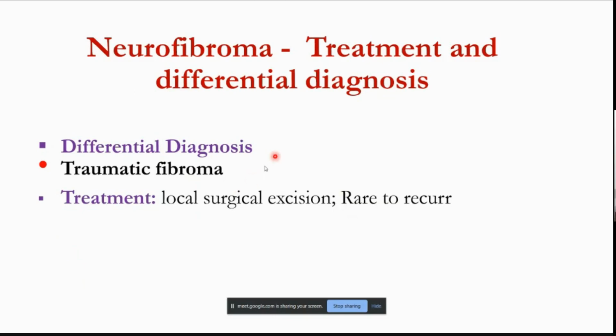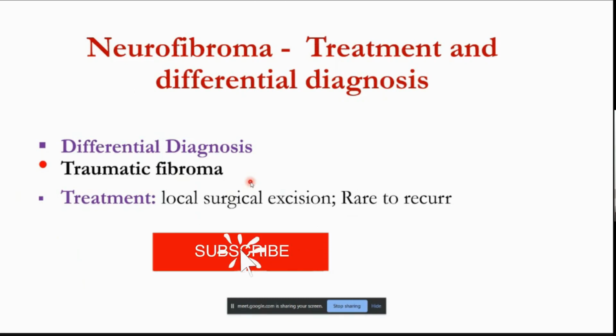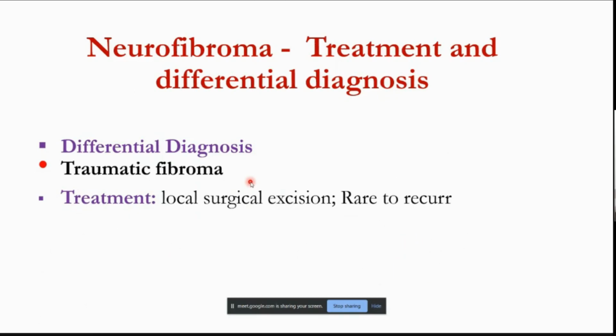The differential diagnosis for this is something called traumatic fibroma. Whenever there is trauma, we could see a similar type of tumor which mainly affects the fibroblasts, and there will be some nerve involvement as well, which is damaged during the trauma. So that could give a similar appearance.